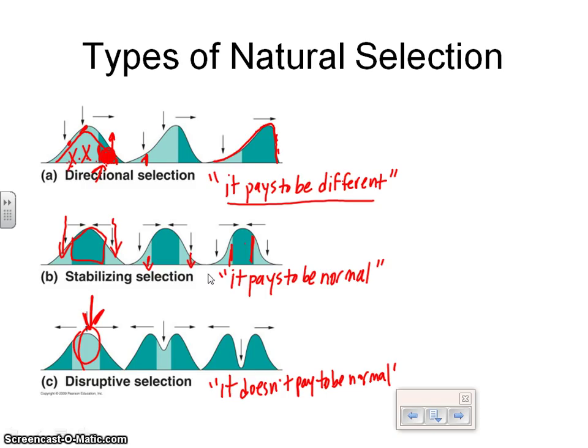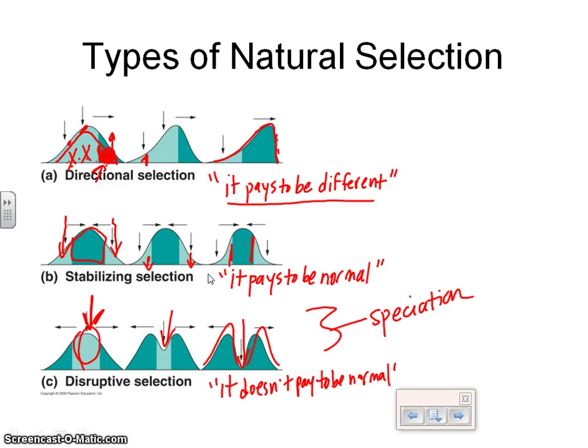The adaptation for the middle one is not suitable for the environmental conditions at that time. So those numbers will decrease to the point where the extremes will increase. Okay? And out of all 3 of these, this one can lead to speciation, which is the creation of a new species, like 2 different species.